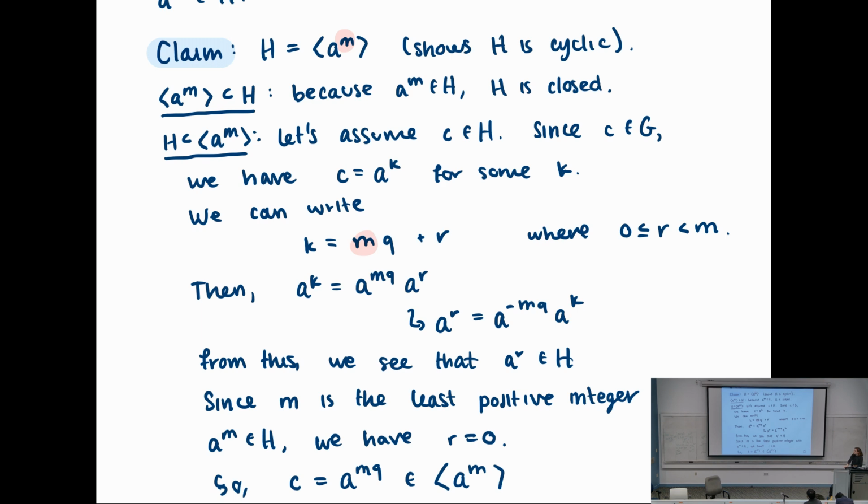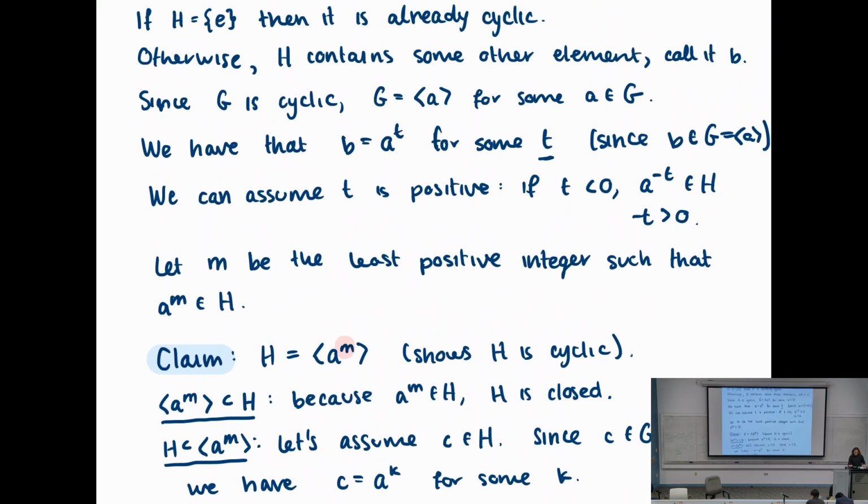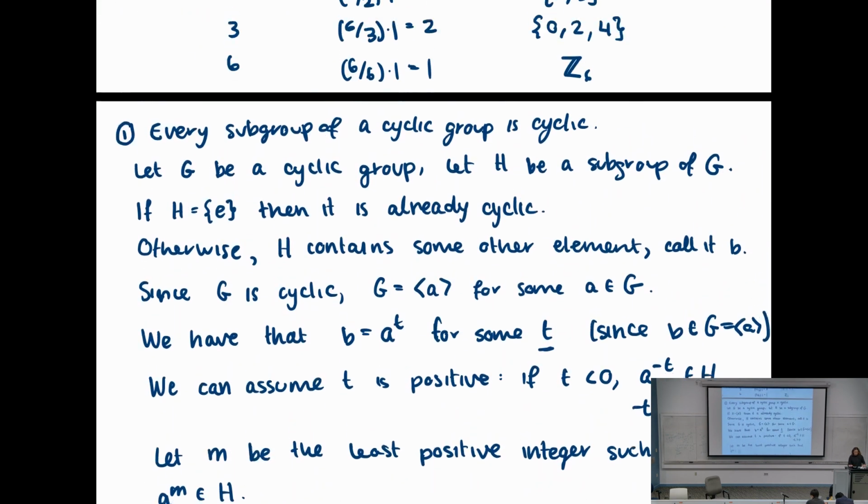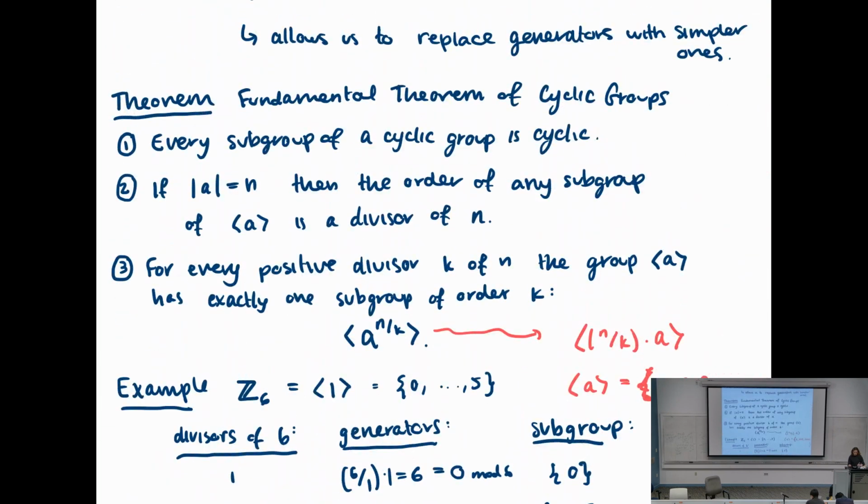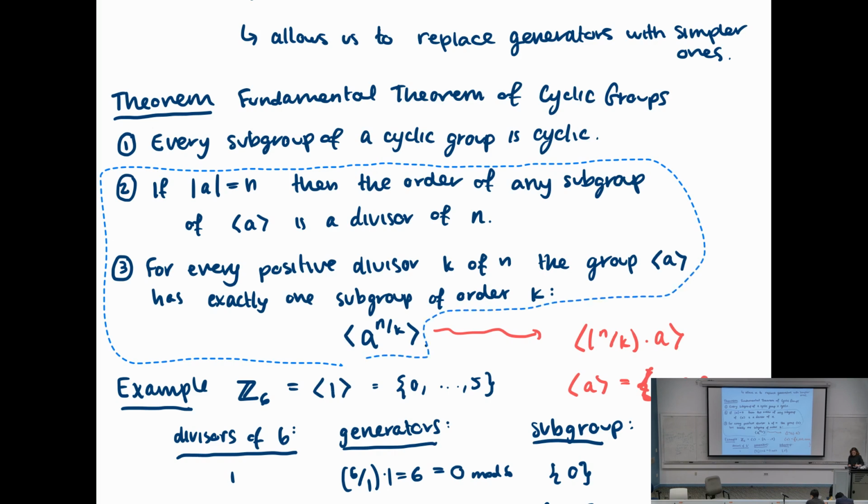So this is like a similar application of the division algorithm that we saw in the last lecture. Okay, so that gives us the first part of the theorem statement. So we still have 2 other parts to prove. So let's bring those down.